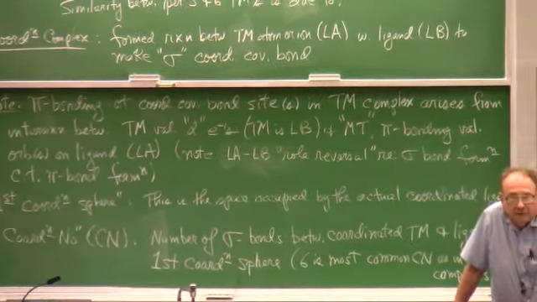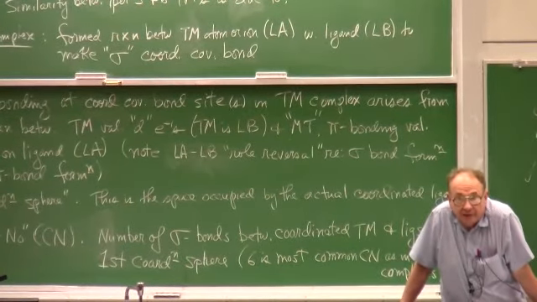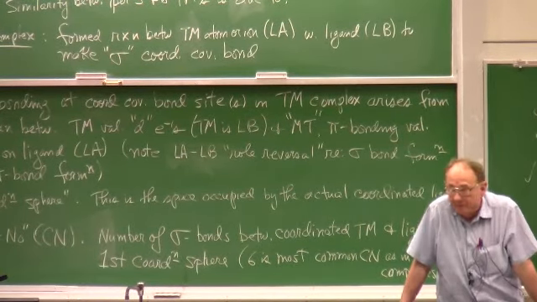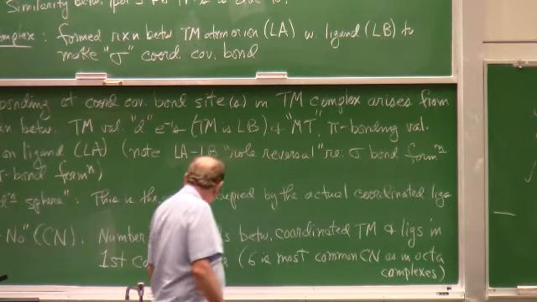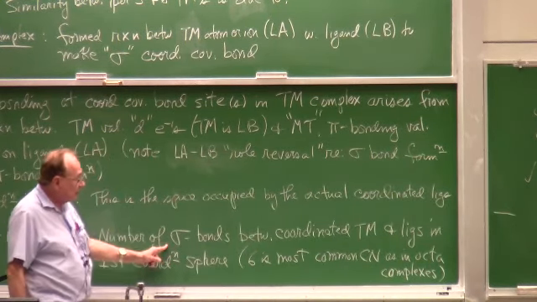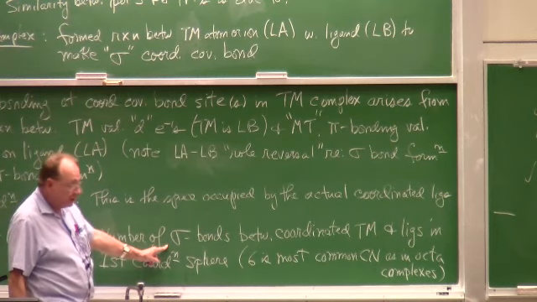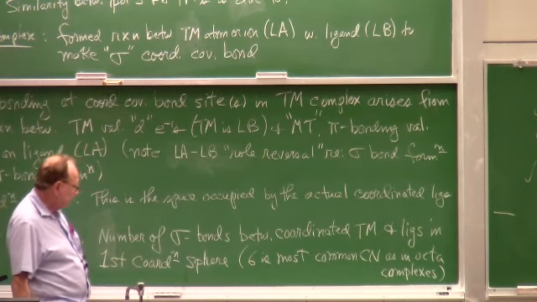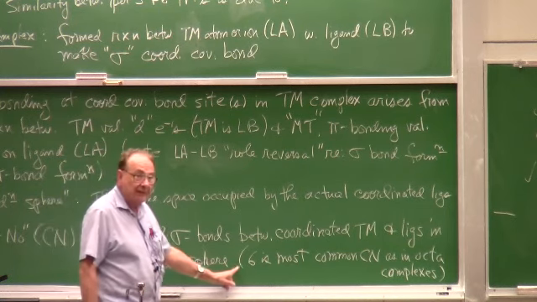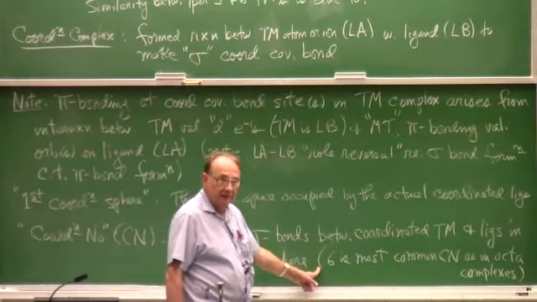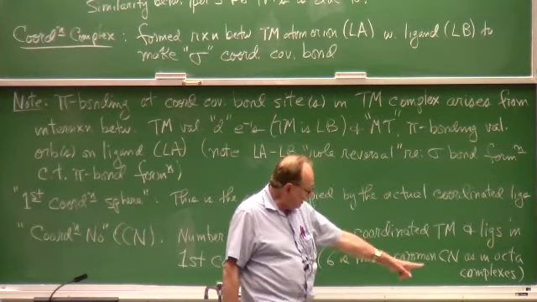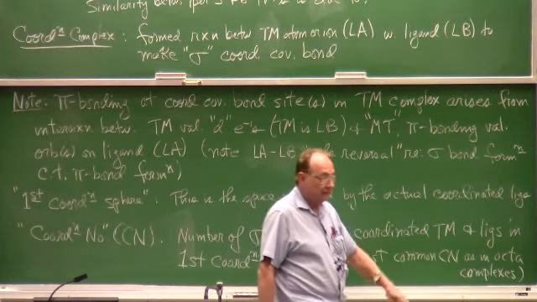And if you've started to look at bonus quiz 3, you'd already have an idea what I'm talking about. So, we're talking about the number of sigma bonds between coordinated transition metal and the ligands in the first coordination sphere. Most common coordination number for transition metal complexes is 6, which corresponds in the main to octahedral geometry for the complex.